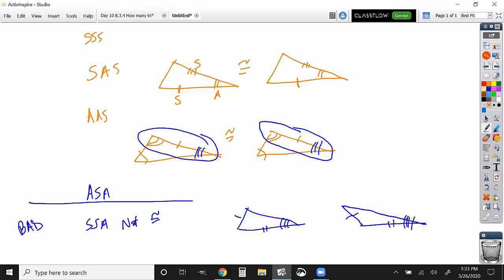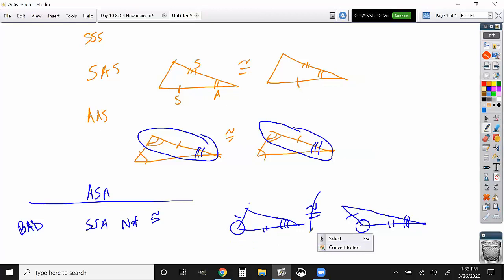Or even if that, I could have a side, an angle, side, angle, but because this angle in here has now opened up, these are not congruent.